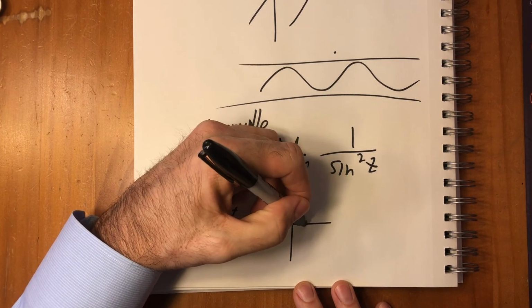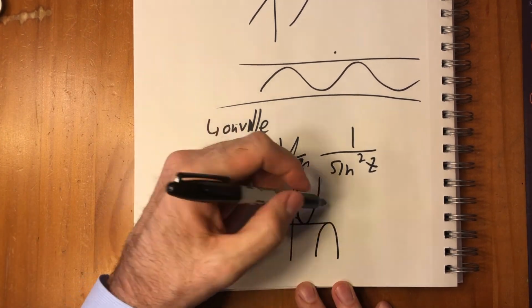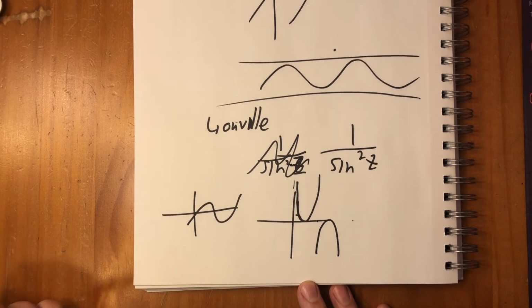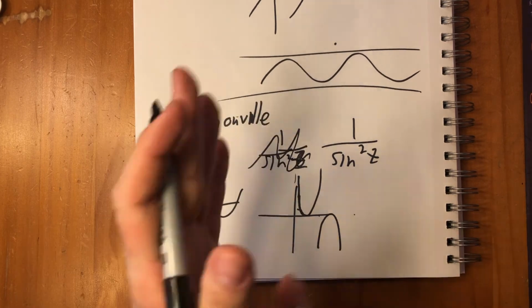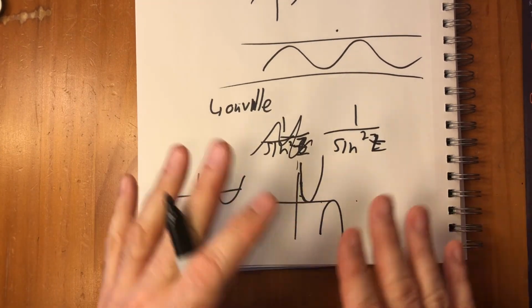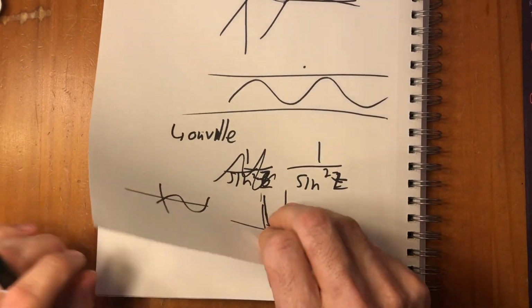I think it would look like this. Oh, sure, that's the secant, right? So the point is it has to go to infinity as it moves up. If you square that, it's the same thing, but it's going to go faster. And then with the z, it can be in two directions. So that's kind of what it's going to look like.